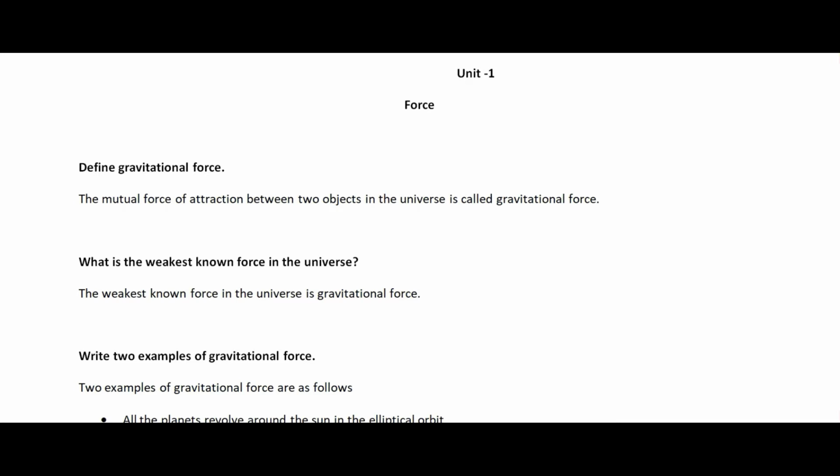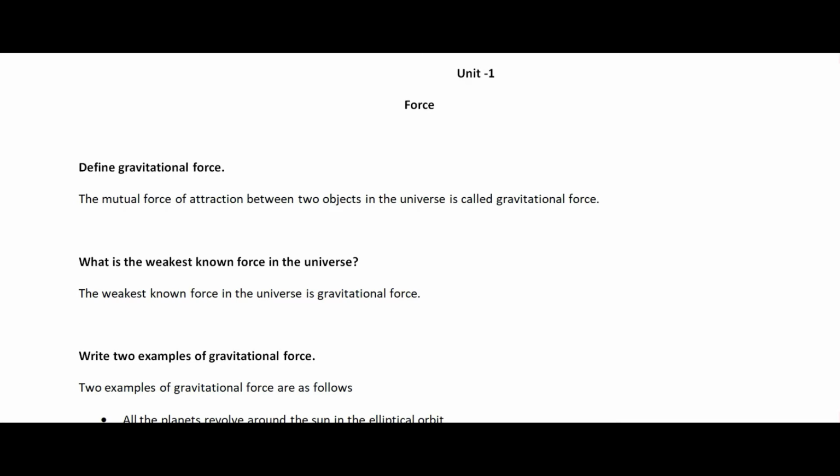First of all, gravitational force is defined as the mutual force of attraction between any two objects in the universe. The mutual force of attraction between any two objects in the universe is known as the gravitational force.